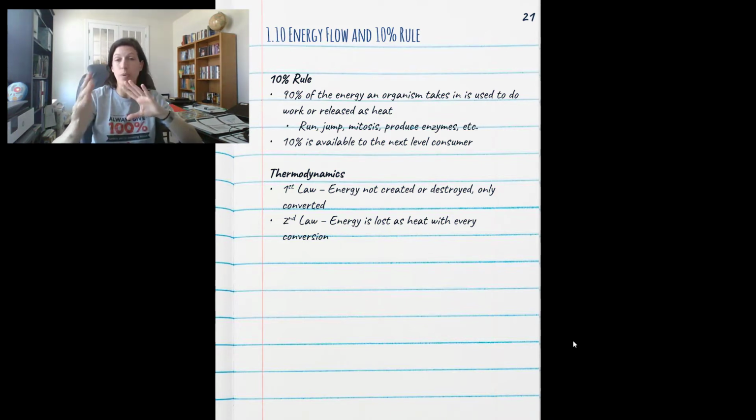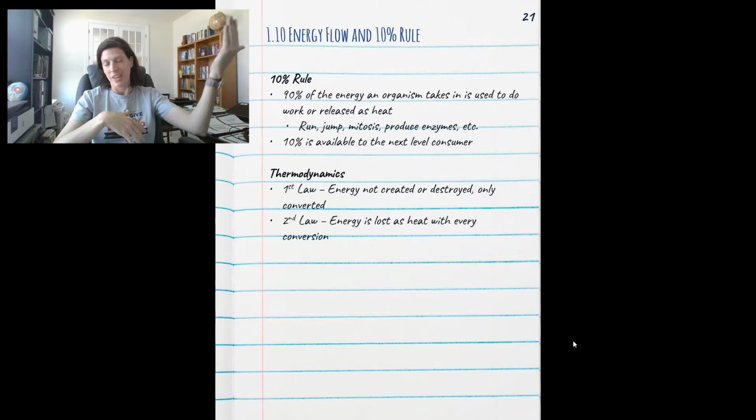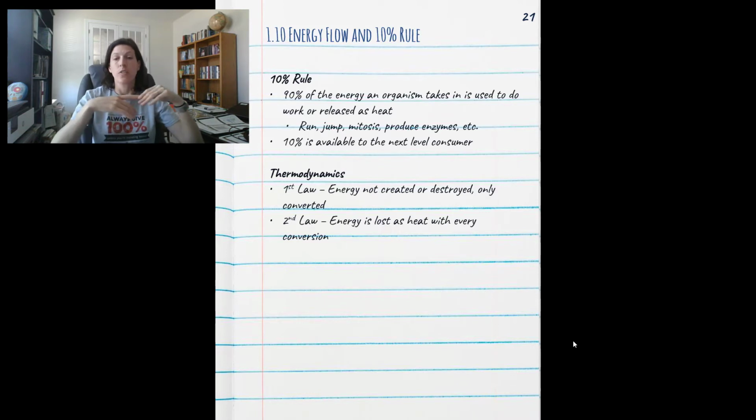So yes, energy can be changed from one form to another, such as when it's changed from solar energy into chemical energy through the process of photosynthesis. But when that happens, because of the second law, some energy is always lost as heat every time energy is converted. So because of that, only 10% of the energy moves on to the next trophic level.